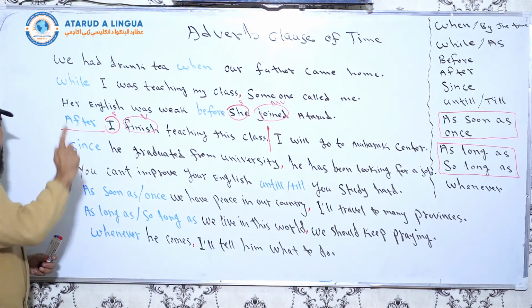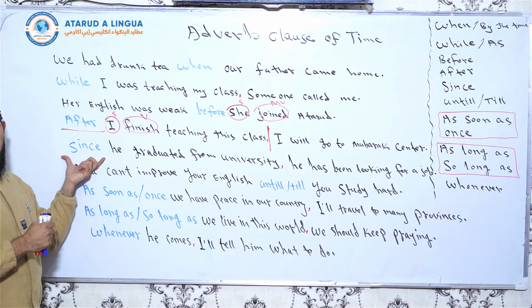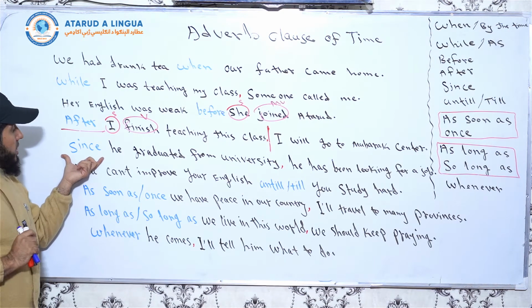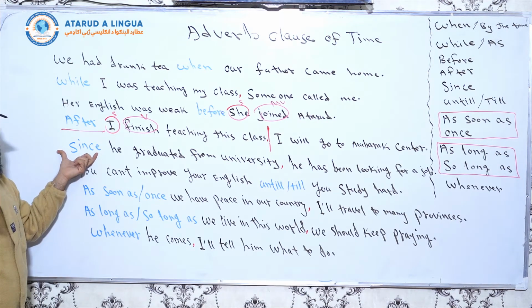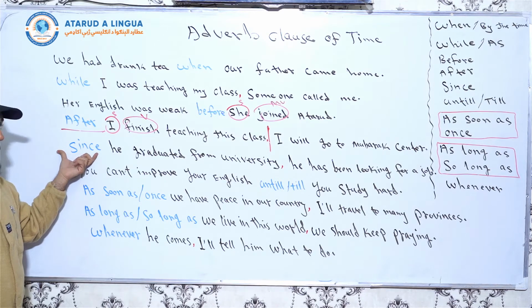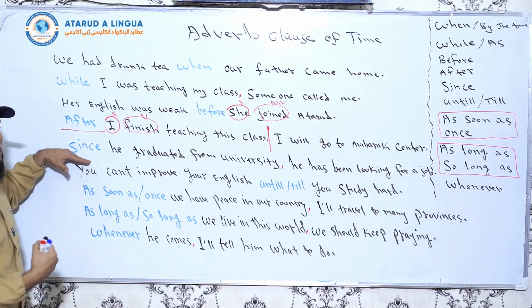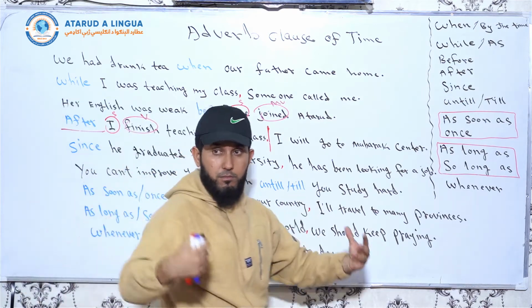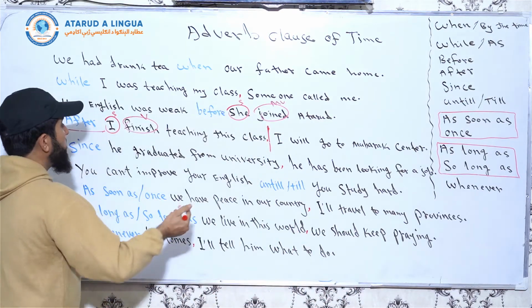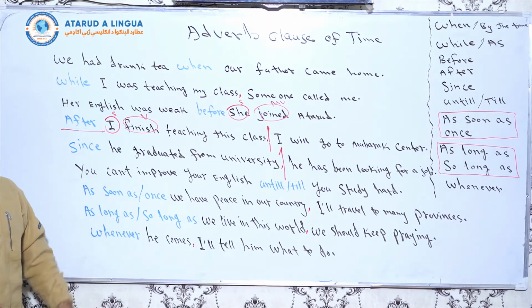Okay. Since. Now, I want you to pay close attention. This is very important. Look. The same word since in adverb clause of cause and effect has a different meaning. It means because there, and you can use this word in different tenses. But when you use since in adverb clause of time, it must be followed by simple past tense if you use it as a conjunction.